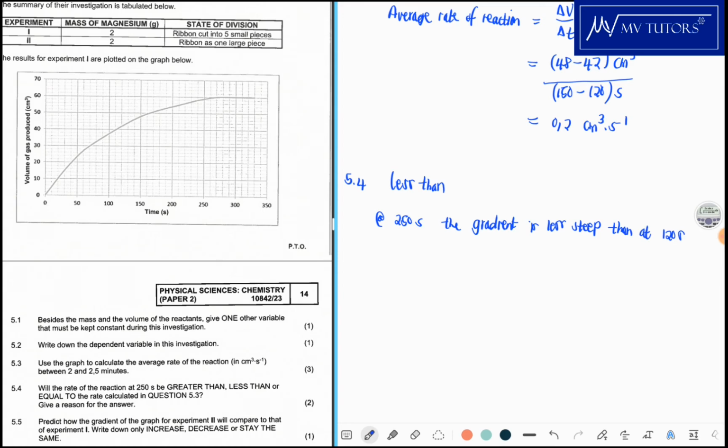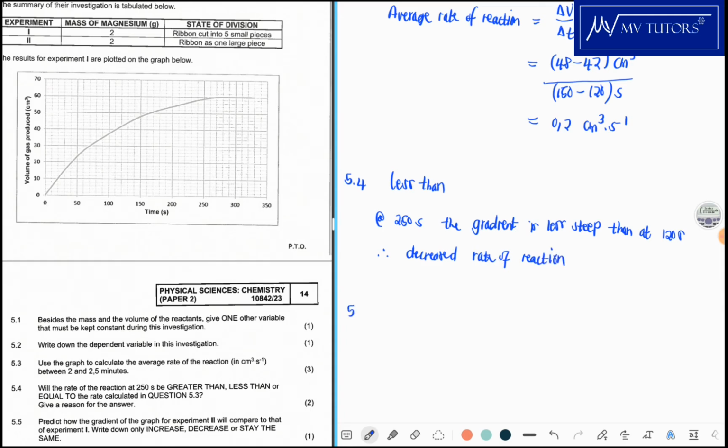As the gradient is less steep, that means that you have a decreased rate of reaction. If it was steeper, then your rate of reaction would actually be increased.